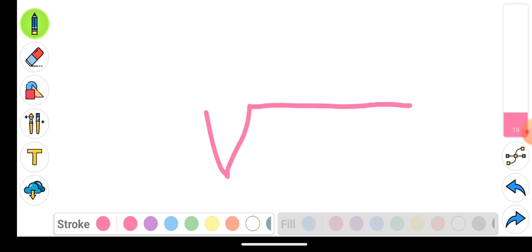A square root is basically the number that has been squared. For example, let's say the number 25.